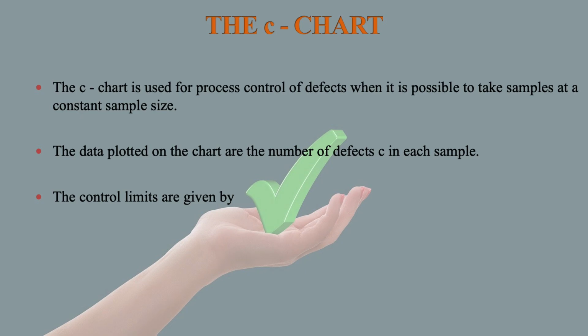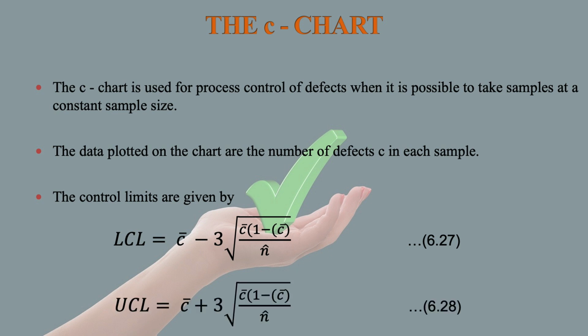The control limits are given by LCL, that is lower control limit, is equal to C bar minus 3 multiplied by under root C bar multiplied by 1 minus C bar divided by N cap, and the upper control limit UCL is equal to C bar plus 3 multiplied by under root C bar multiplied by 1 minus C bar whole divided by N cap.